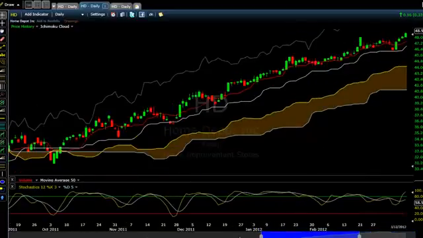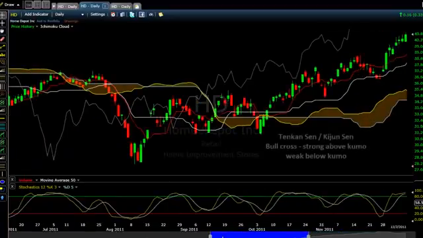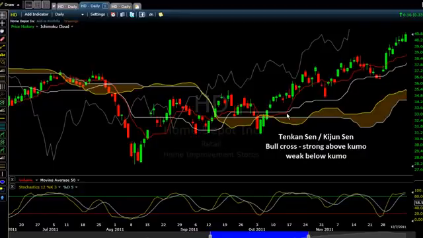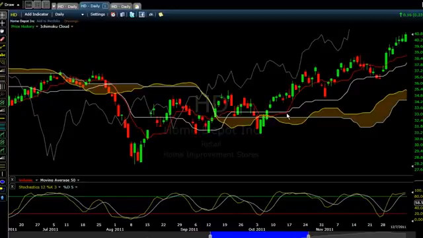If we come back in price here, we can see where we had our first TK cross right here back in October of 2011. The significance of the system is that it's a trend following system, and as such it'll keep you in a trade much longer, because although this is a buy signal here, this TK cross, we also have a Kumo breakout where price moves above Kumo and closes.